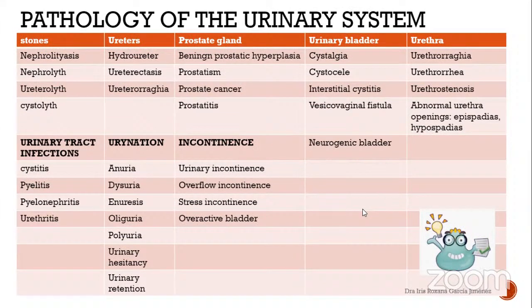Please check all of this. Consider this information in order to get the correct classification and the way that they are written down. For example, checking the urinary bladder, we have cystalgia, cystocele, interstitial cystitis, vesicovaginal fistula, neurogenic bladder, okay? It's just an example. Please read all of this, take it into account.